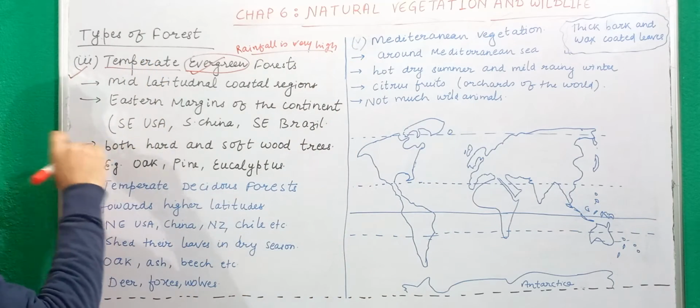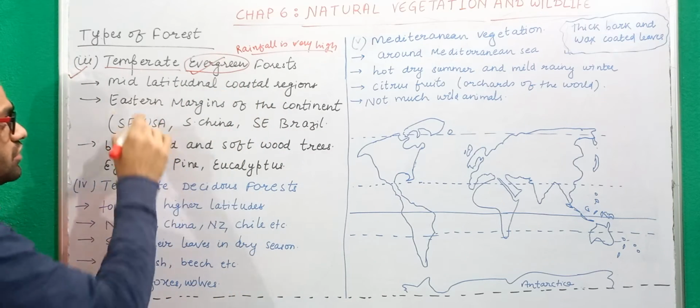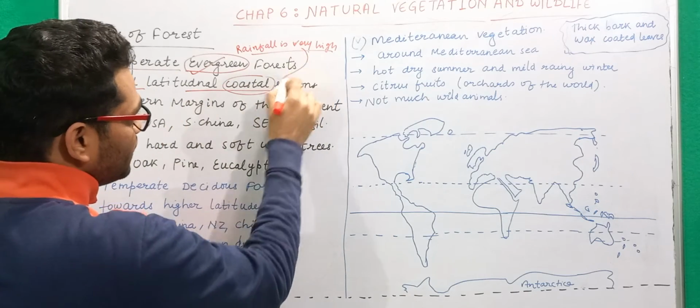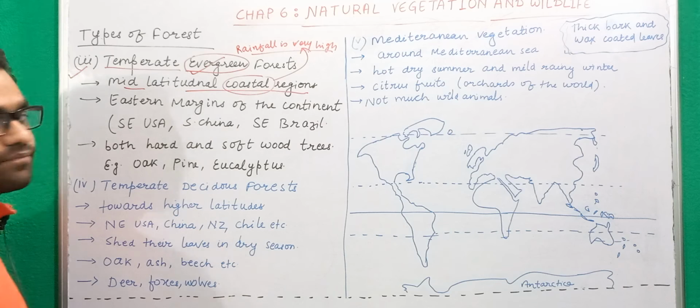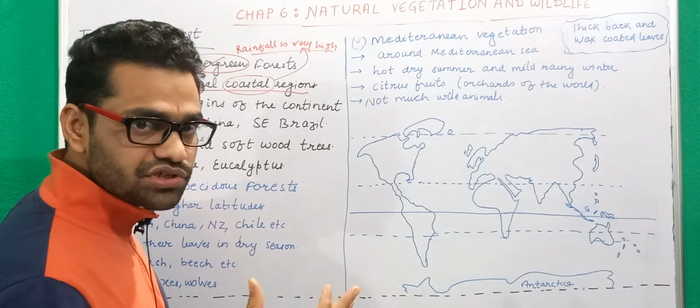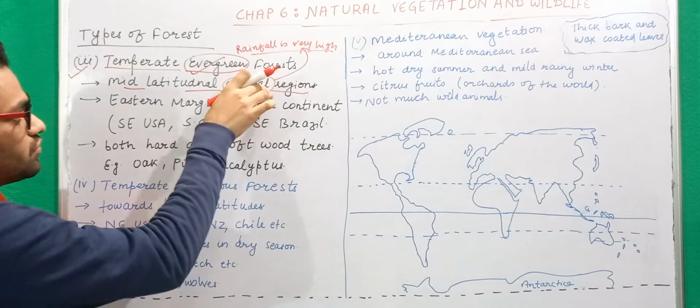So that is why this is evergreen forest. Where will you find this? In mid-latitudinal coastal regions, and this is why the rain here is very high. How can you imagine a high amount of evaporation without high temperature? This is only because it is a coastal region.